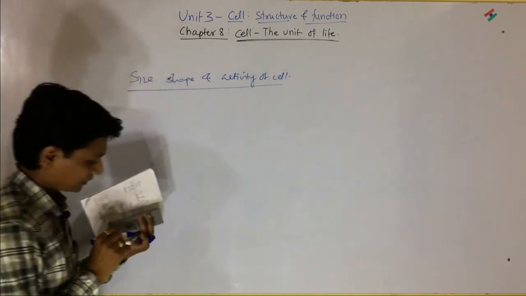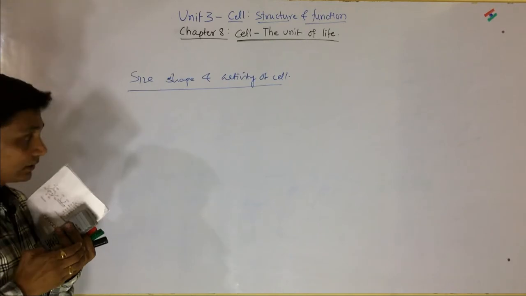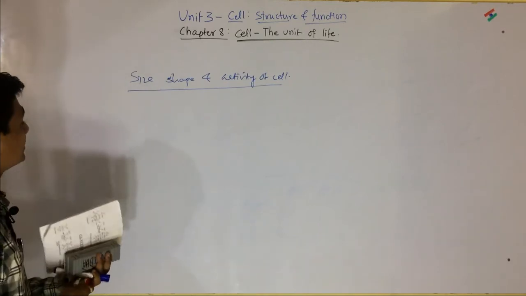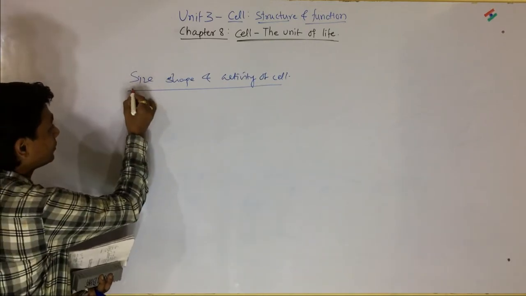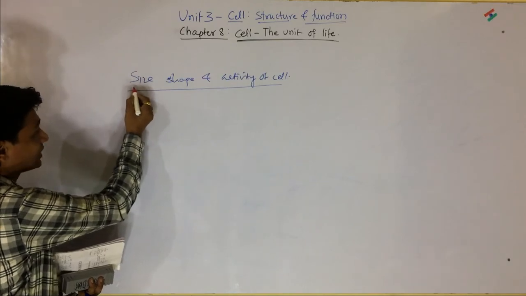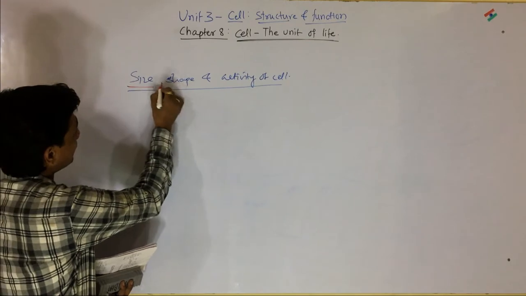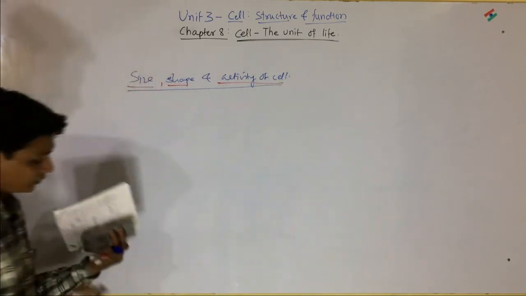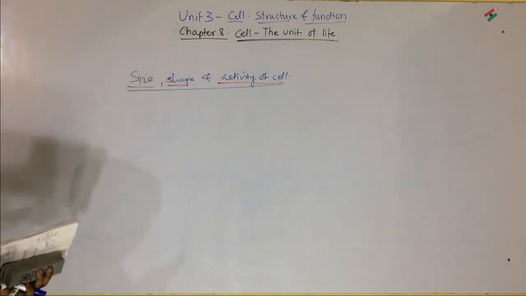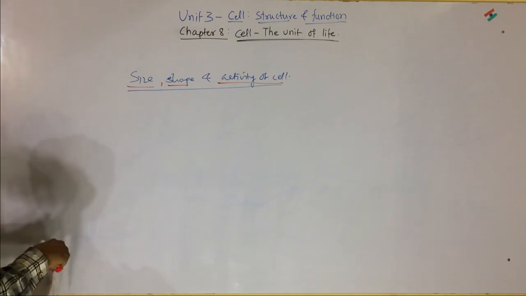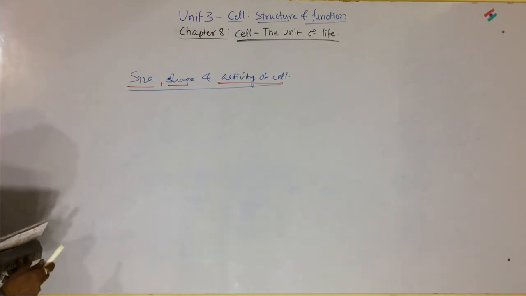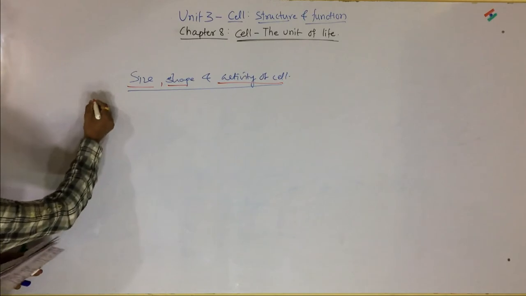As we know, cells differ by size, shape and according to their function or activity. So we will see one by one. First we will see the shapes of cells.